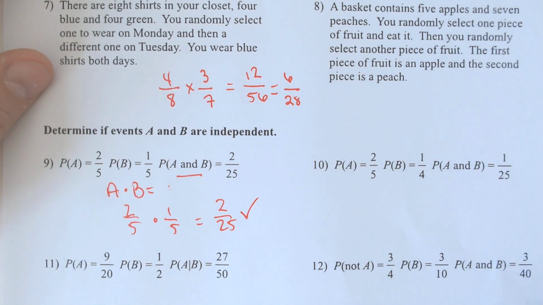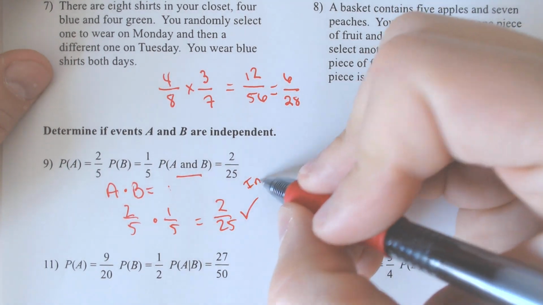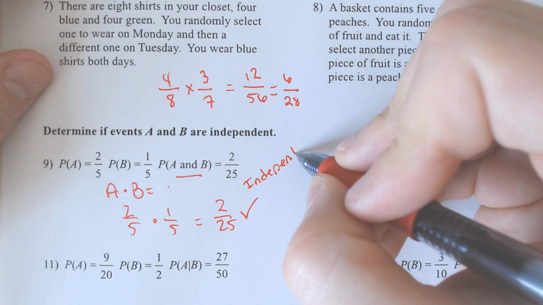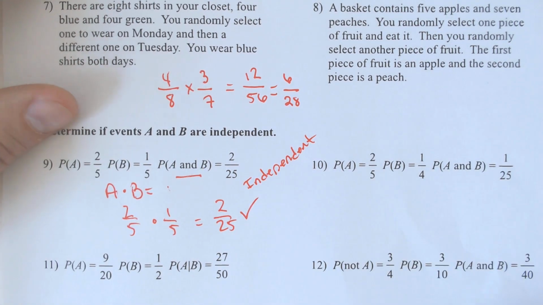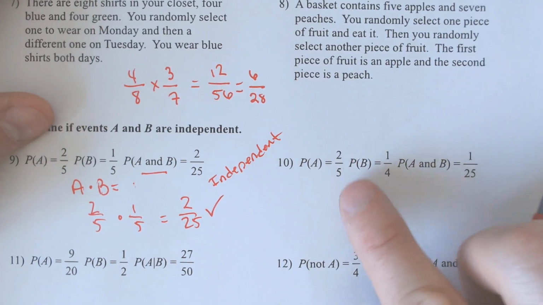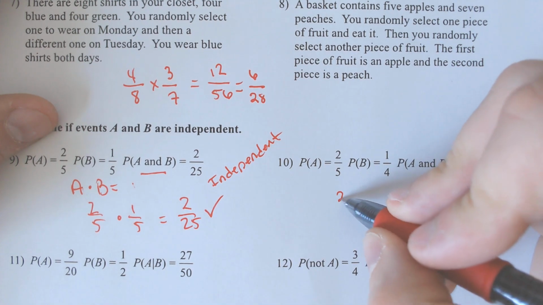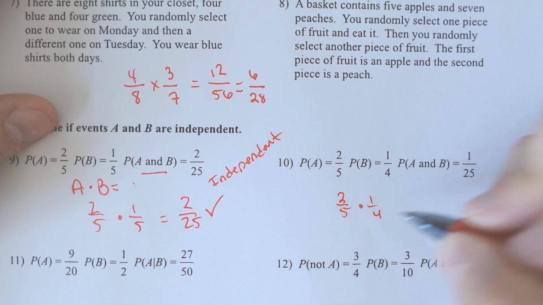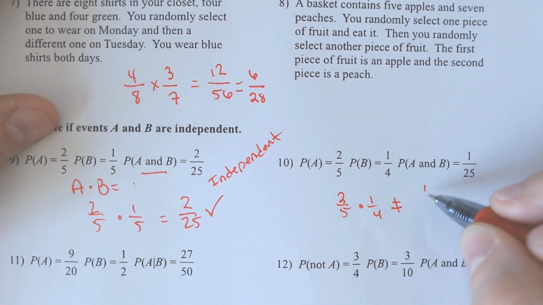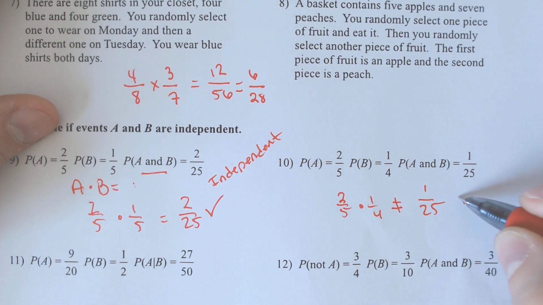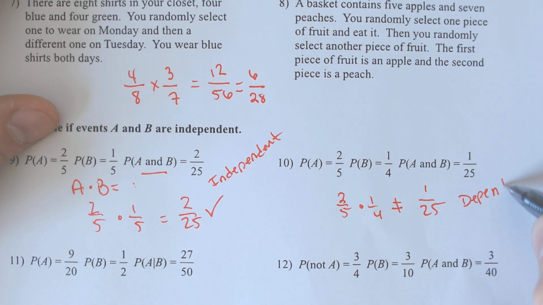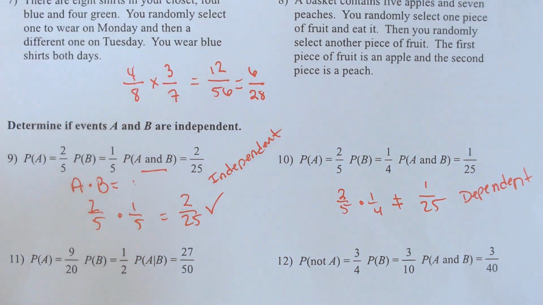And the answer is yes, and therefore they are independent because when you multiply them, that made it true. Versus over here, 2 out of 5 times 1 out of 4 is not equal to 1 out of 25. Therefore, these would be considered not independent, or dependent. Apparently, I can't spell dependent.